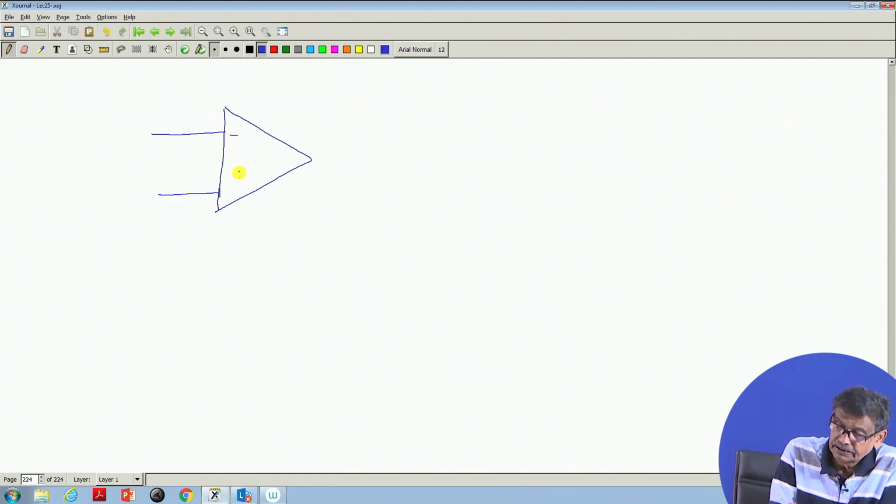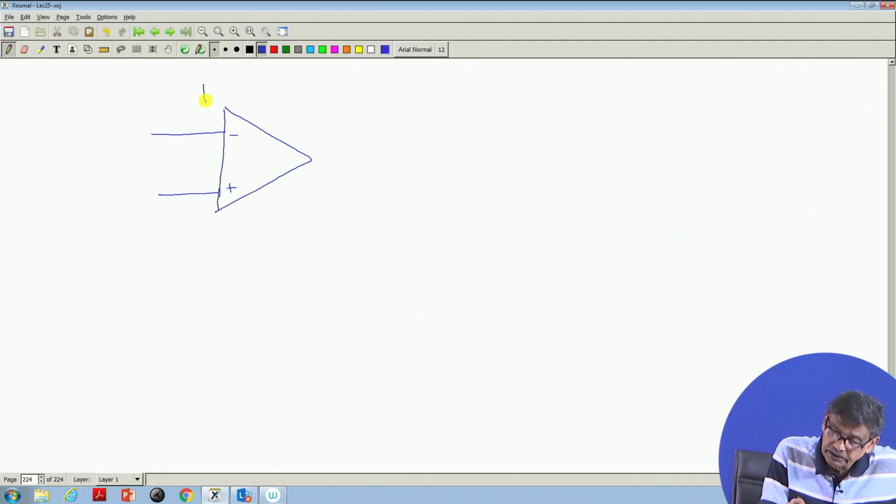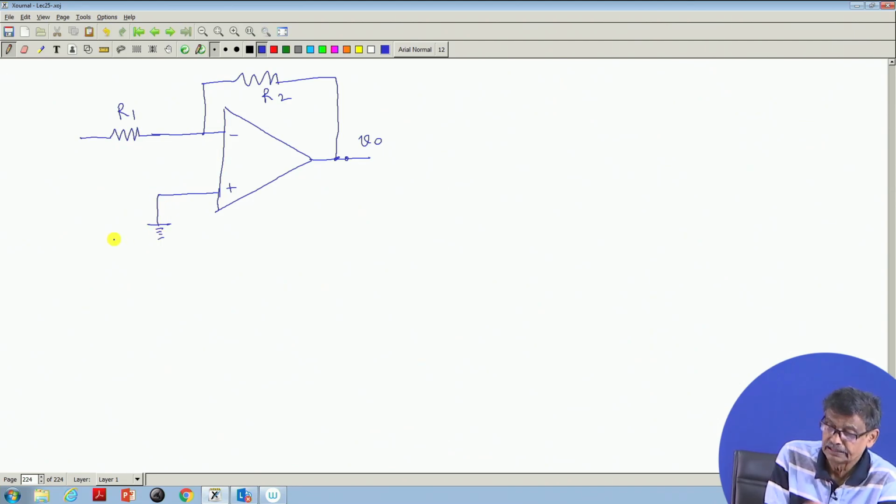This is the inverting terminal, this is the plus terminal. Okay. And suppose you connect, this is called negative feedback, this is the output voltage, and op amp circuits will mostly operate with negative feedback. Suppose I have connected one resistance R2 here and another resistance R1 here, and this point I have grounded.